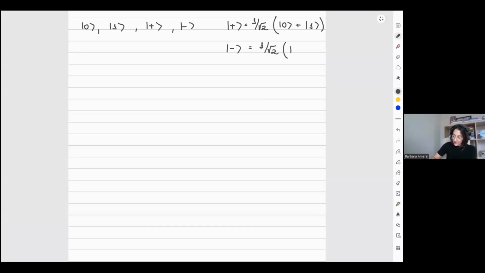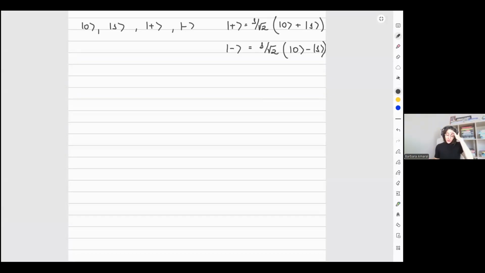And in particular, I'm going to look at 0, 1, plus, and minus, remembering that plus is 1 over square root of 2, 0 plus 1, and minus is 1 over square root of 2, 0 minus 1.